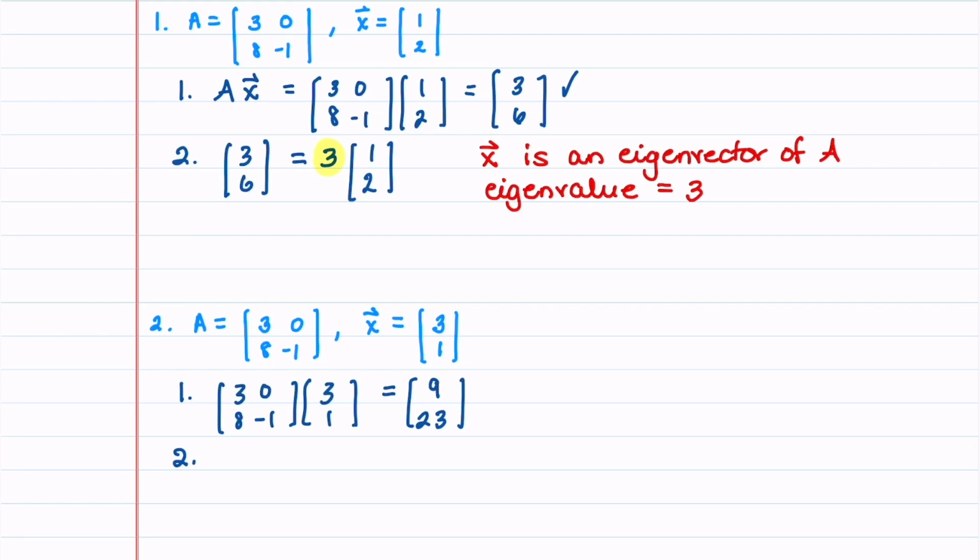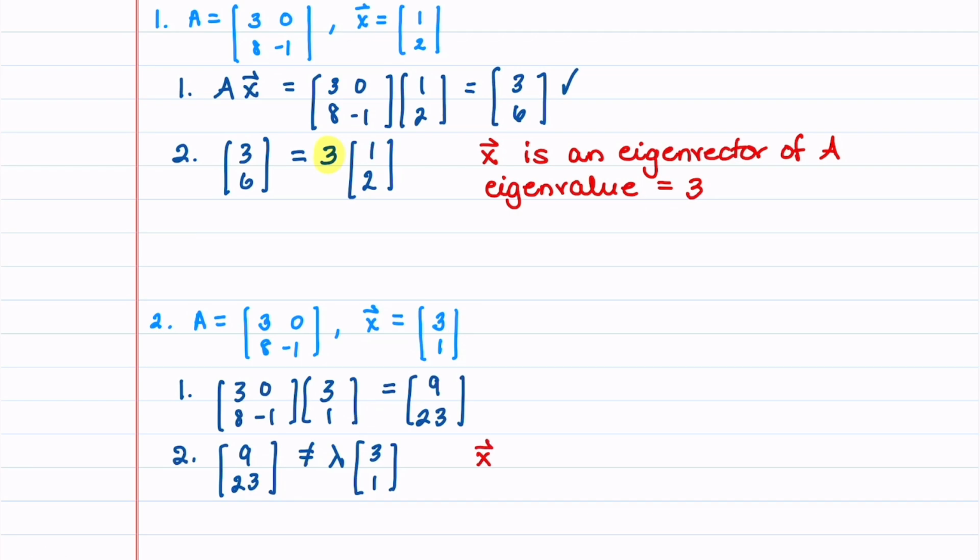We'll then check if our vector [9, 23] is a multiple of [3, 1]. There's no number that we can multiply vector [3, 1] by to get vector [9, 23], so we say that these two vectors are not multiples of each other. And that tells us that x is not an eigenvector.